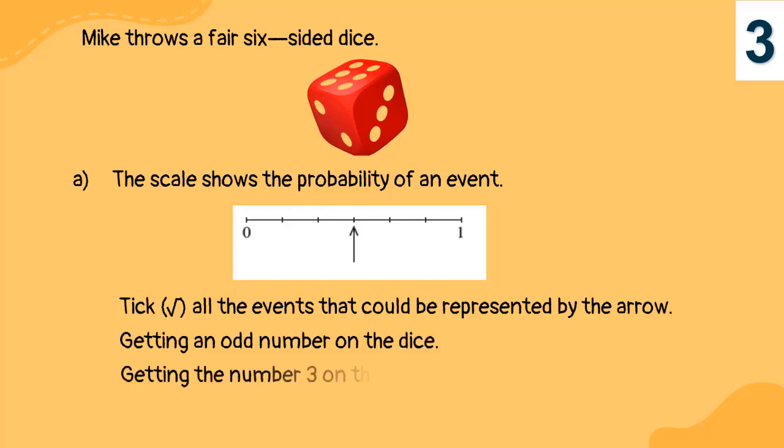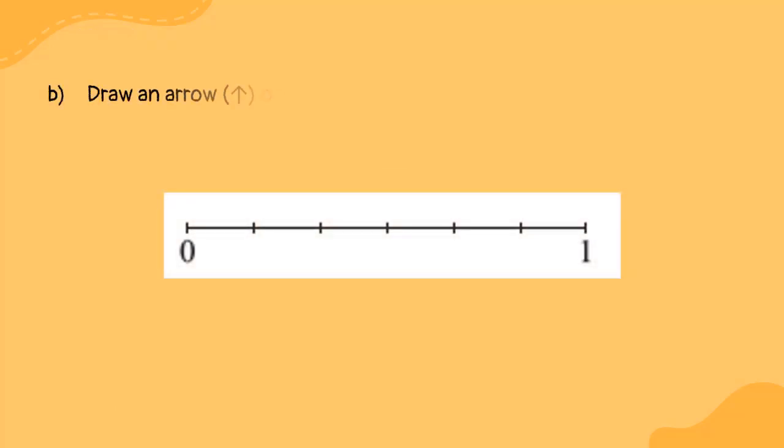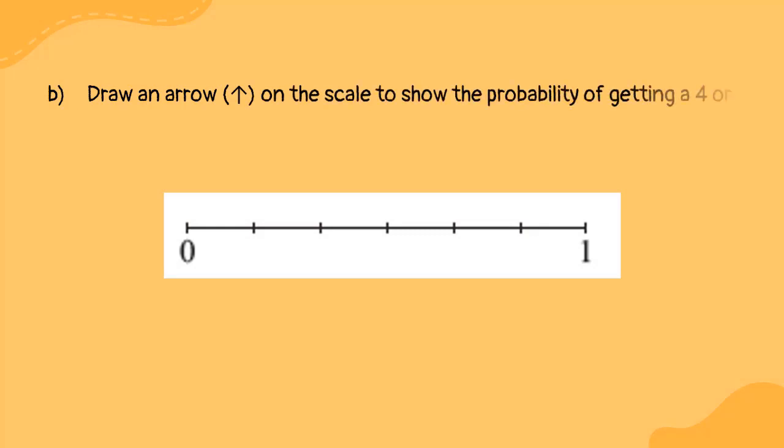Getting the number 3 on the dice. Getting a number less than 4 on the dice. Draw an arrow on the scale to show the probability of getting a 4 or 5 on the dice.